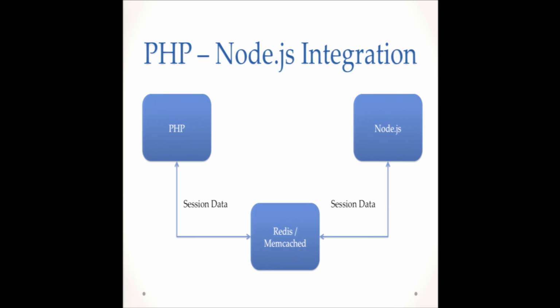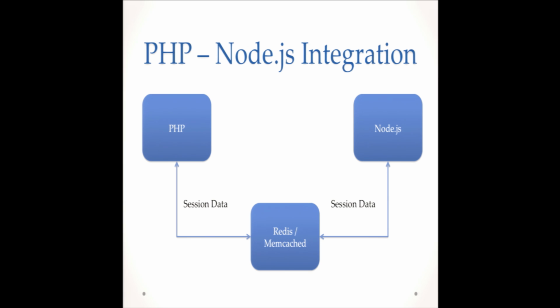You can use Redis, Memcache, whatever you want. It's not that important. And one thing to keep in mind is that the way PHP serializes the data is a bit weird, so you will have to use a special parser for that. Fortunately, there are a lot of libraries for this.